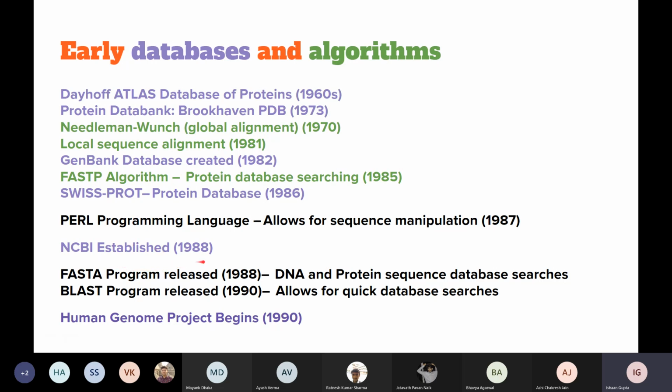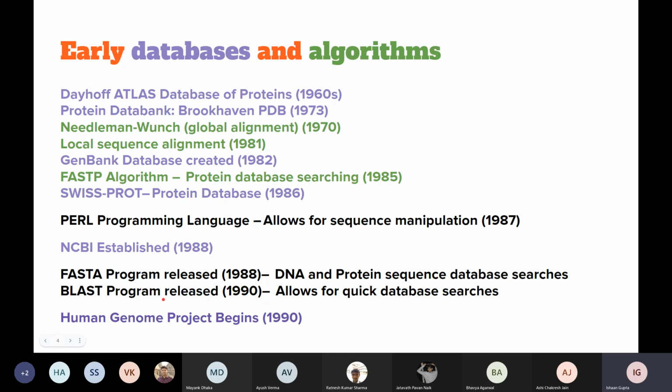Then in 1988, NCBI was established. That's the National Center for Biotechnology Information, which was a single stop area for combining all these databases and also deploying a lot of these algorithms through some of the tools that you've already seen during your lab courses. So the FASTA program was released in 1988, where you could search for DNA and protein sequences efficiently in databases.